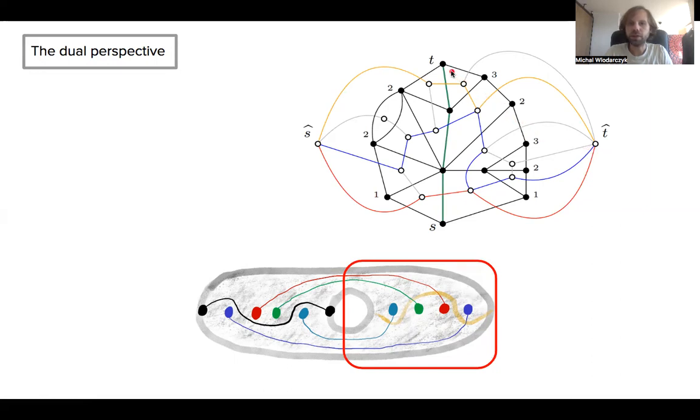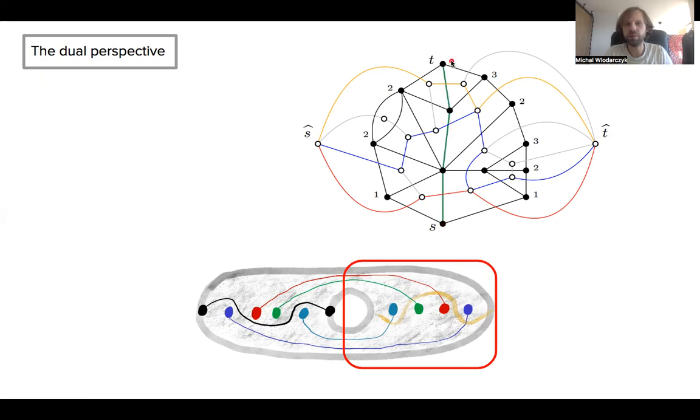So now there is a nice property that when we have an S-T path in the primal graph and an S-hat, T-hat path in the dual, then these paths must cross at some point. And when we have a family of edge disjoint paths in the dual, then each of them needs to cross this S-T path in a different place.